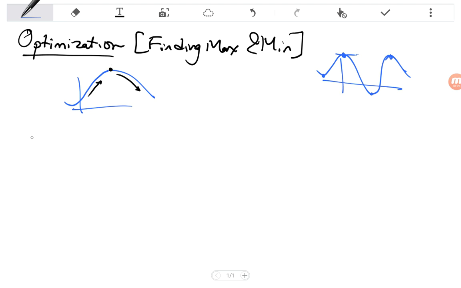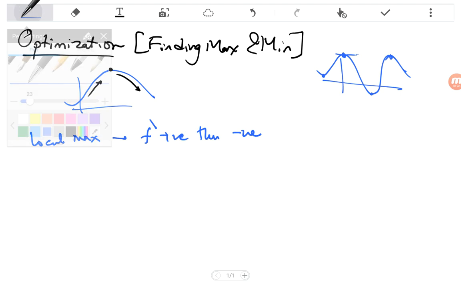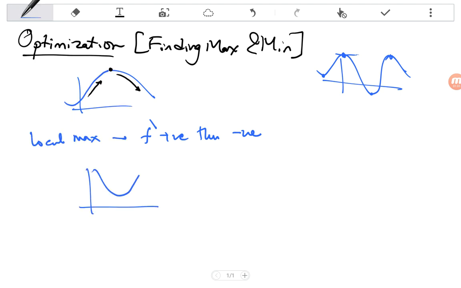Okay, so what happens at a local maximum? The f dash, which is the derivative, is positive, then it becomes negative. It is increasing, then it is decreasing. And for a local minimum, a point like this, what happens to f dash? The function is decreasing, then it increases.